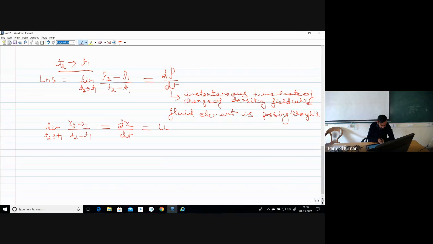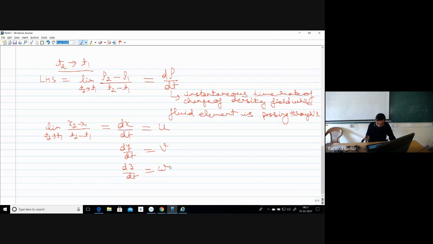Similarly, for y and z, I can write dy by dt, which I will write as v, the velocity of the fluid element in y direction, and dz by dt as w, which represents the velocity in z direction.